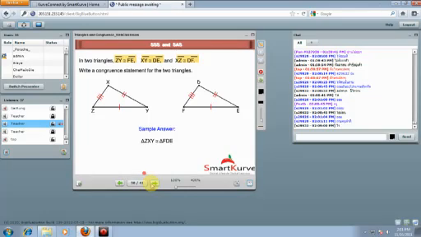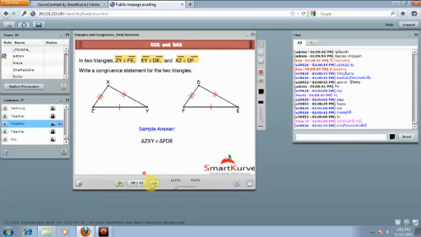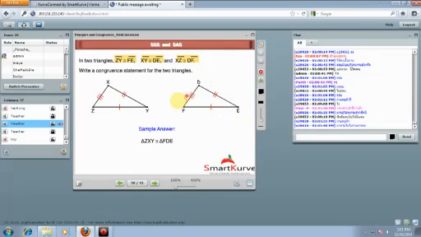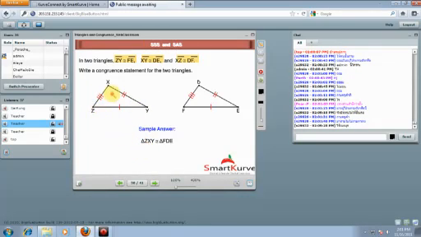Write a congruent statement for the two triangles. We have a sample answer right below. Because we know all three sides correspond to all three sides of the other triangle, the SSS rule tells us that triangle ZXY equals triangle FDE.